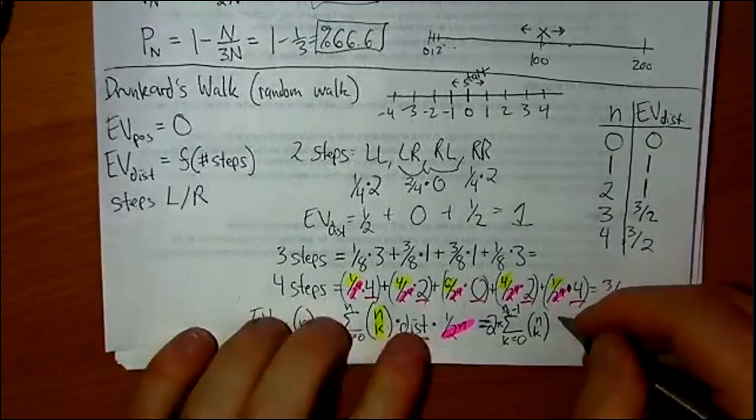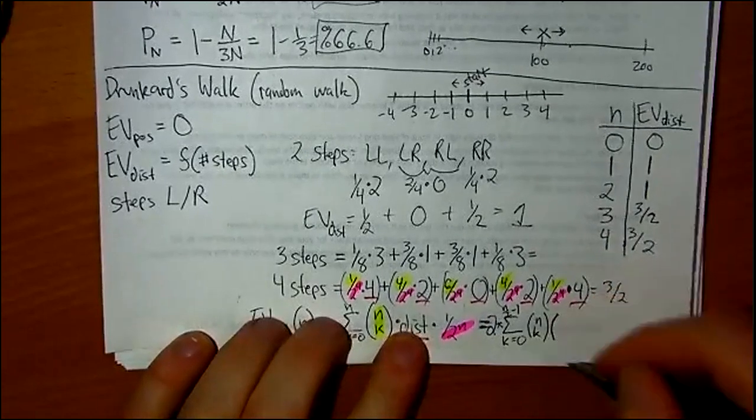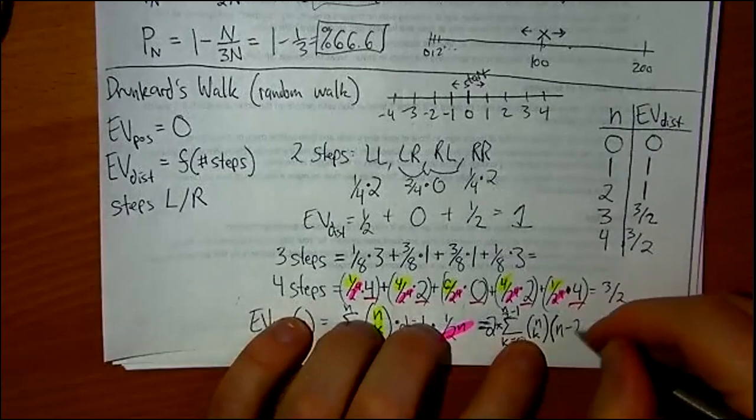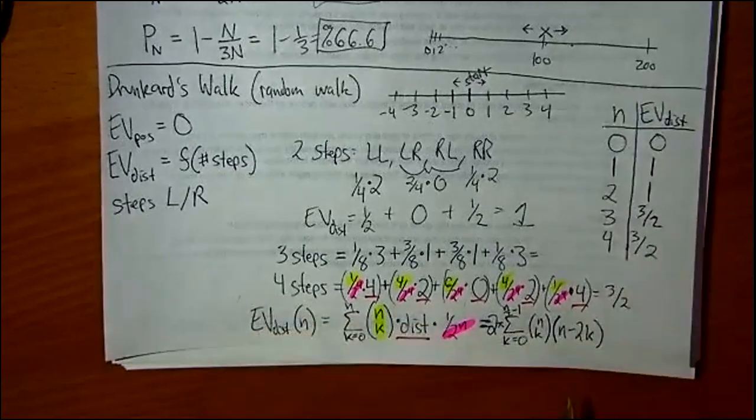So it would be multiplied by how much do you think? N minus 2k. Very nice. Now that's a formula that we can work with, at least somewhat, without the absolute value. So now we've eliminated that absolute value from our formula, which is kind of nice. Now we don't have to worry about finding that closed form.